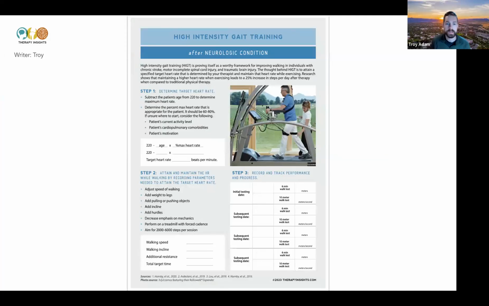All right, perfect. So it's really based on a CPG, a clinical practice guideline that came out, I think in 2020. And this is meant to provide physical therapists with the ability to quickly and accurately record gait training performance measures, as well as target heart rate zones for their patients with neurologic impairment.